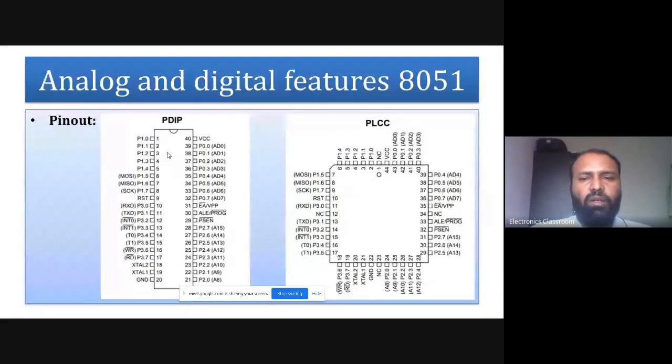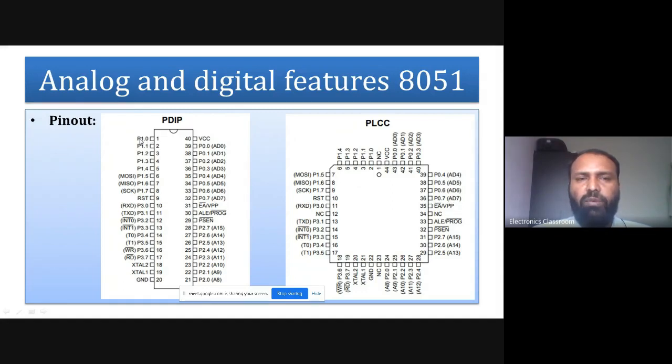Okay. So if you start from pin number 1, pin number 1 is allocated to port pin 1.0. The first 8 pins of the microcontroller, pin number 1 to pin number 8, a total of 8 pins, are allocated to port 1 bits.